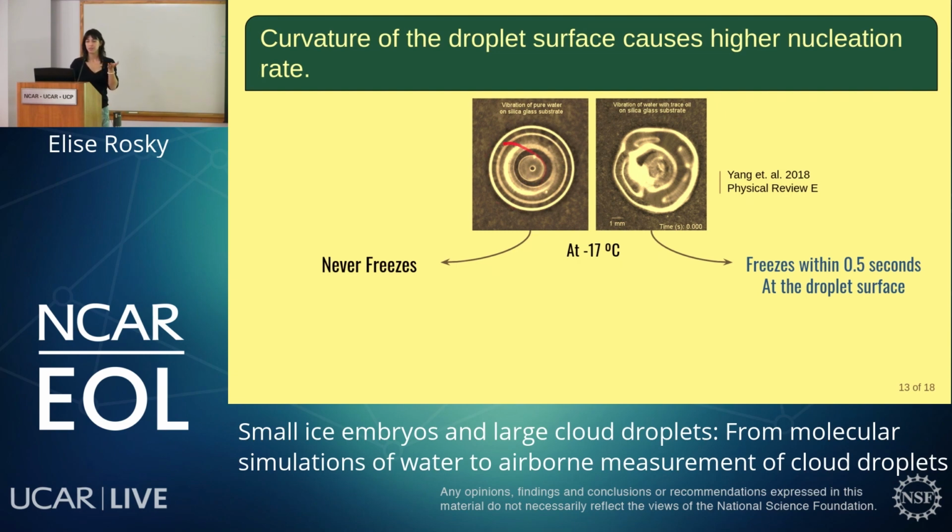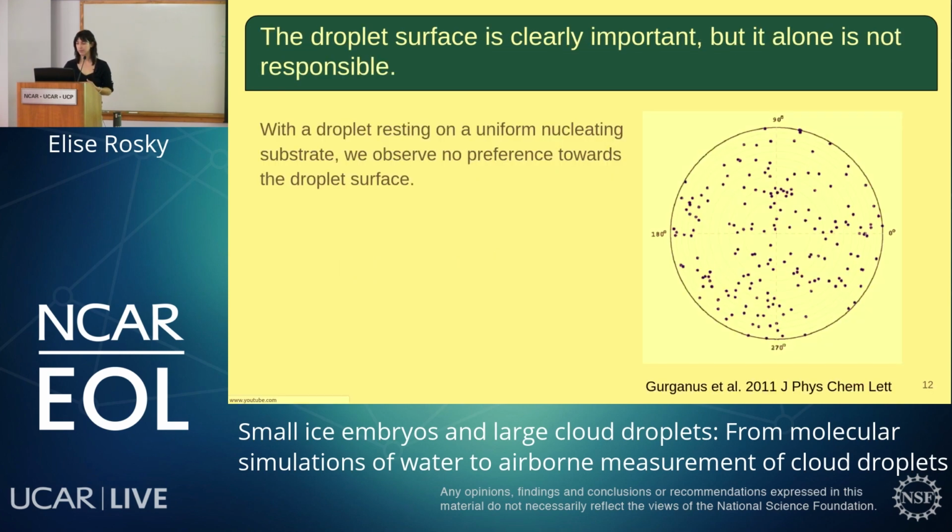If the droplet surface is perfectly smooth, and at -17°C, the droplet will never freeze during the time it's observed. However, if you have the same volume of water on the same substrate at the same temperature, but you modify the experiment so the droplet surface is curved and wobbly and stretched, this droplet will freeze within a fraction of a second. So the curvature of the droplet surface caused a higher nucleation rate.